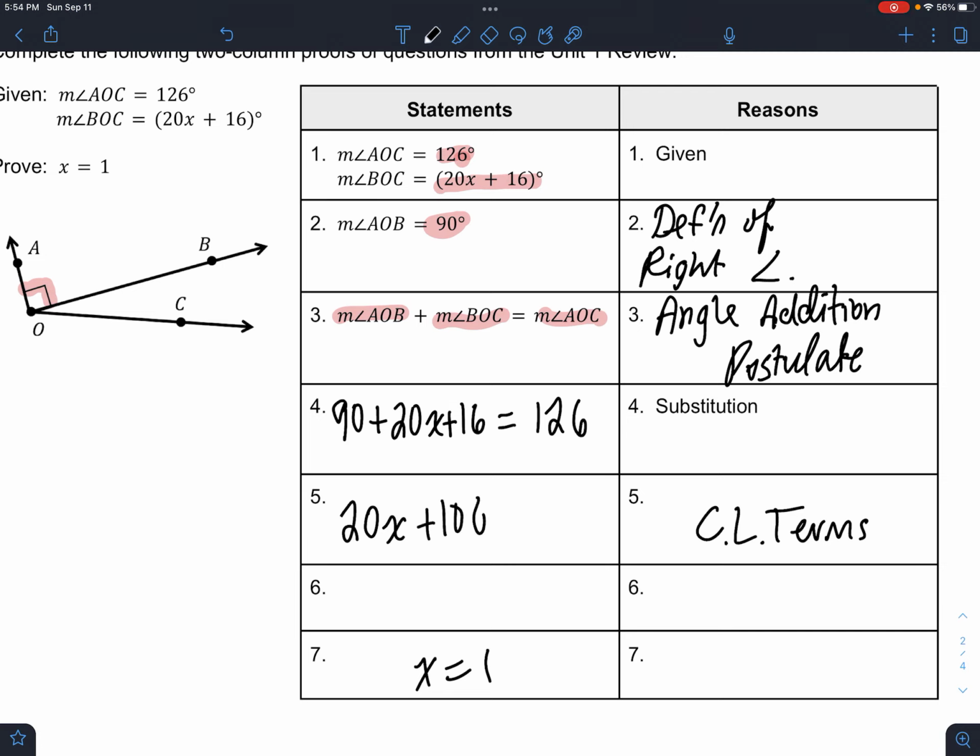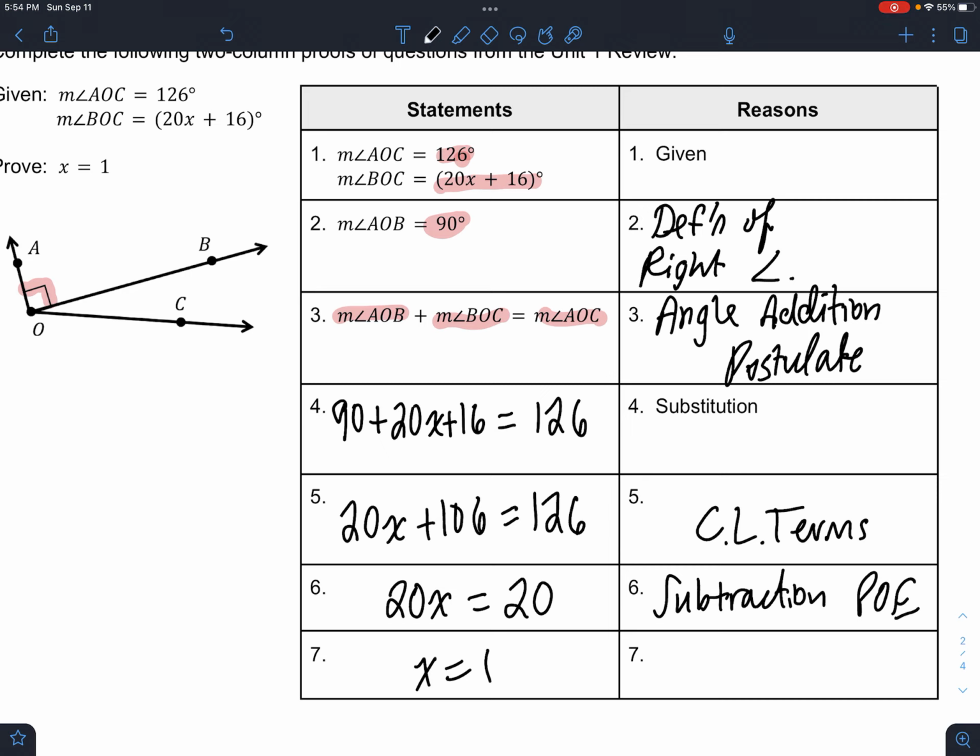So this is 106. If I want to get x alone, I better move this number over here, and then that's done by subtraction. And guys, when you're solving an equation, division is almost always the last thing we do.